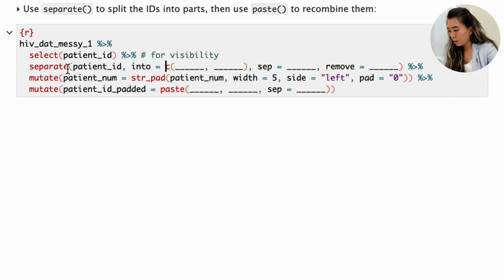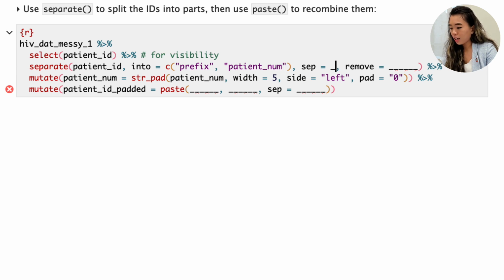To do this within our separate function, we'll specify the different columns that we would like to separate the patient ID into. We would like to create one column that contains the prefix of the patient ID numbers and another column which contains the actual patient number.